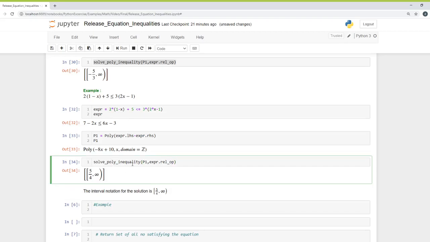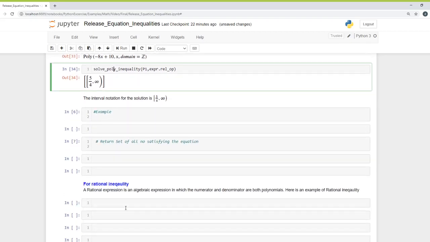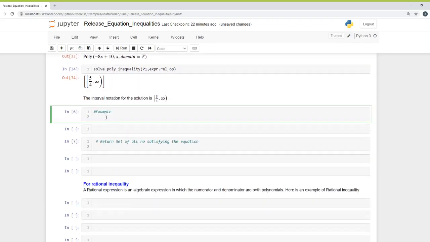Next example is, we take EXPR is equal to -x + 4 less than 0. So it is already a polynomial because the right hand side is a 0 expression.